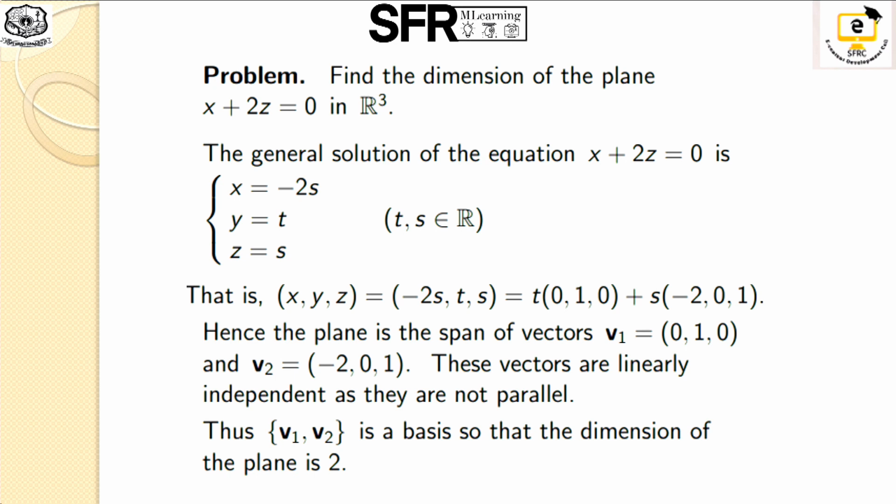Therefore, the triplet (x, y, z) equals (minus 2s, t, s), that is equal to t(0, 1, 0) plus s(minus 2, 0, 1). Therefore, the whole space is spanned by only two vectors, v1, that is (0, 1, 0), and v2, that is (minus 2, 0, 1). These two vectors are linearly independent. Therefore, the dimension of the plane x plus 2z equal to 0 in R^3 is only 2.